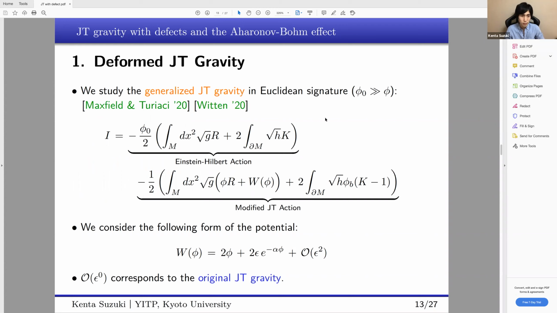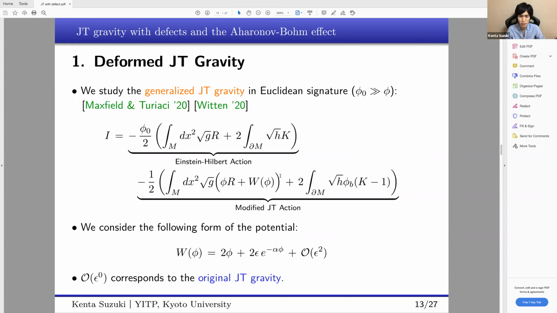So let's define our generalized JT gravity action. Again, I will focus on Euclidean signature with a negatively curved background. The entire action has the same expression as before, except this dilaton potential.